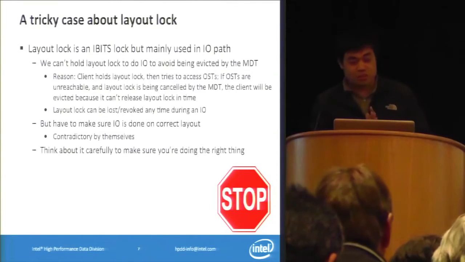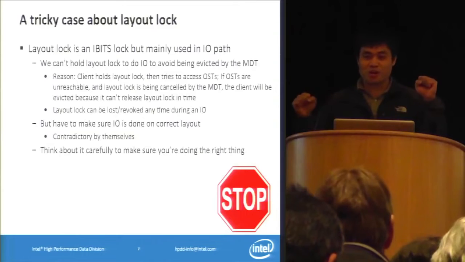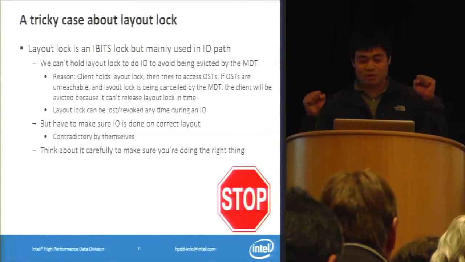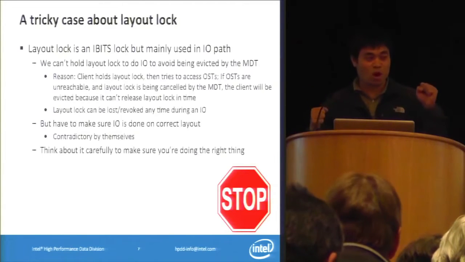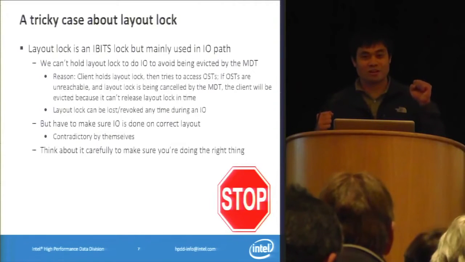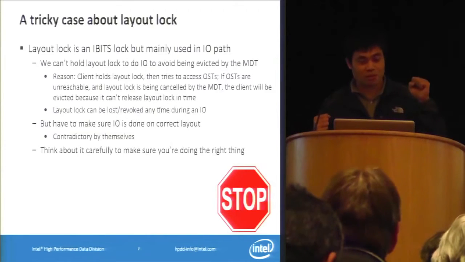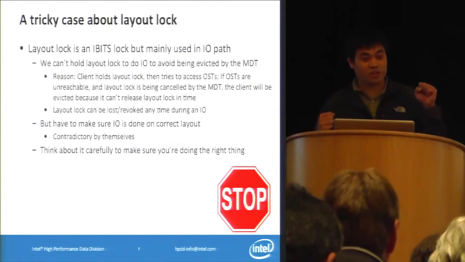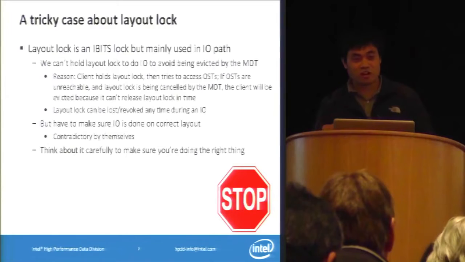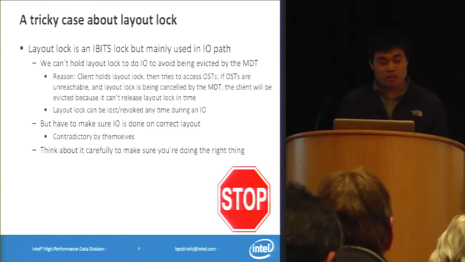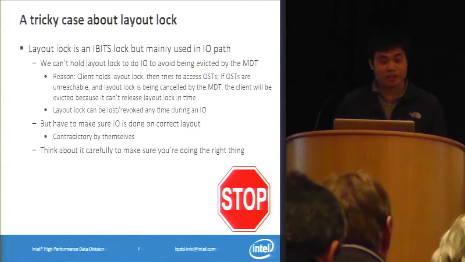To explain this problem, suppose we hold the layout lock and do IO, and some OST is unreachable during IO, and meanwhile the layout lock will be revoked by the MDT. So what will happen? The client will be evicted because it can't cancel the layout lock on time. So this is not acceptable. The consequence is that the layout lock can be lost anytime during I/O.